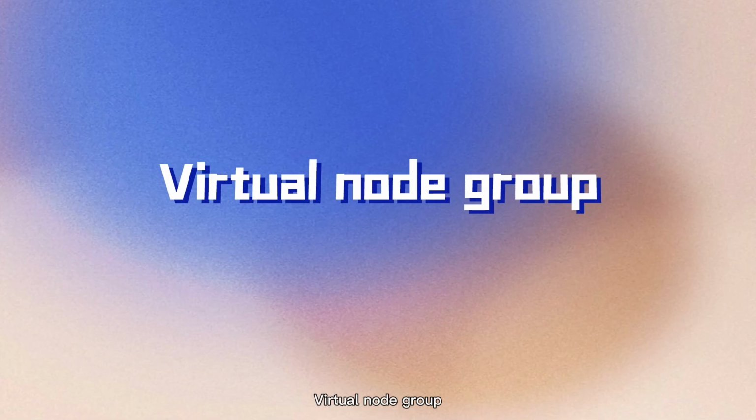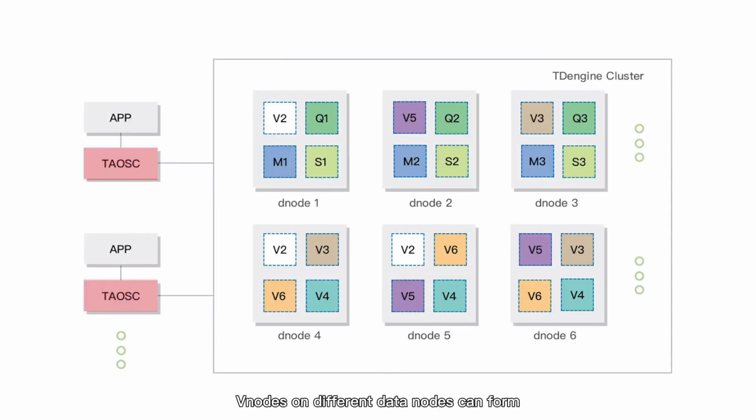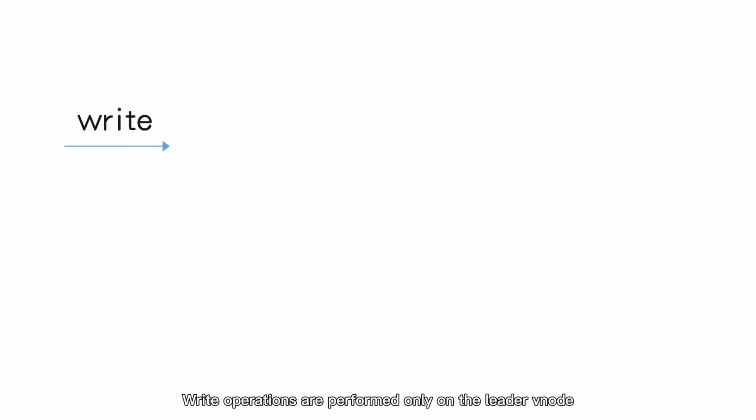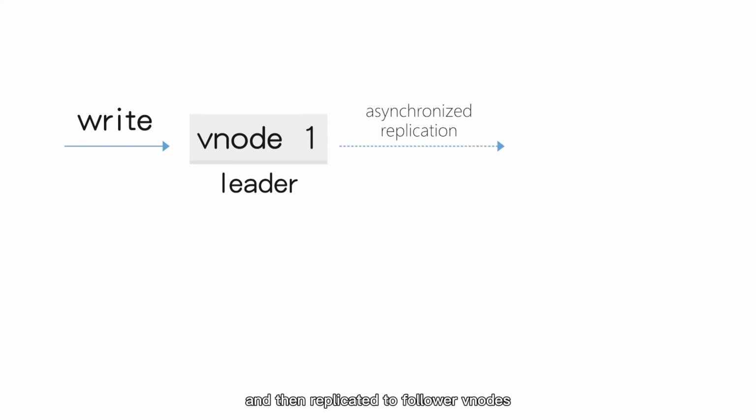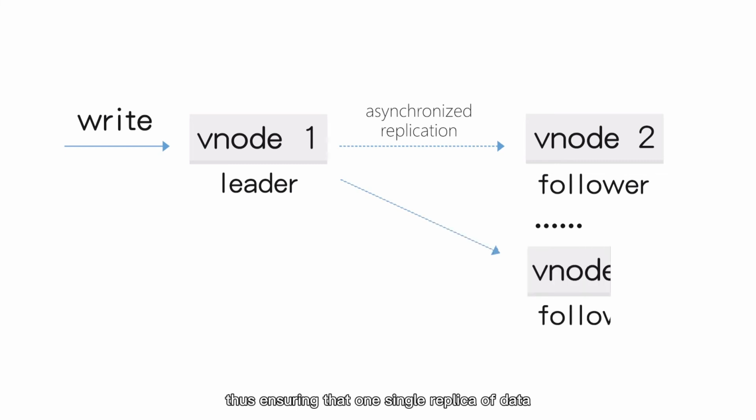Virtual node group. Vnodes on different data nodes can form a virtual node group to ensure the high availability of the system. The virtual node group is managed using a leader-follower mechanism. Write operations are performed only on the leader vnode, and then replicated to follower vnodes, thus ensuring that one single replica of data is copied on multiple physical nodes.